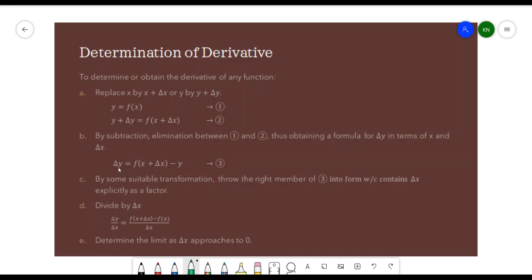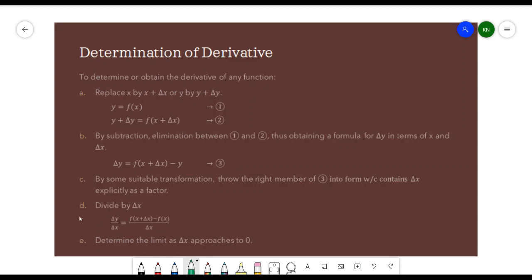Dividing delta y by delta x gives us f of x plus delta x minus f of x, divided by delta x. Then we determine the limit as delta x approaches 0, so we substitute all the values of delta x by 0.